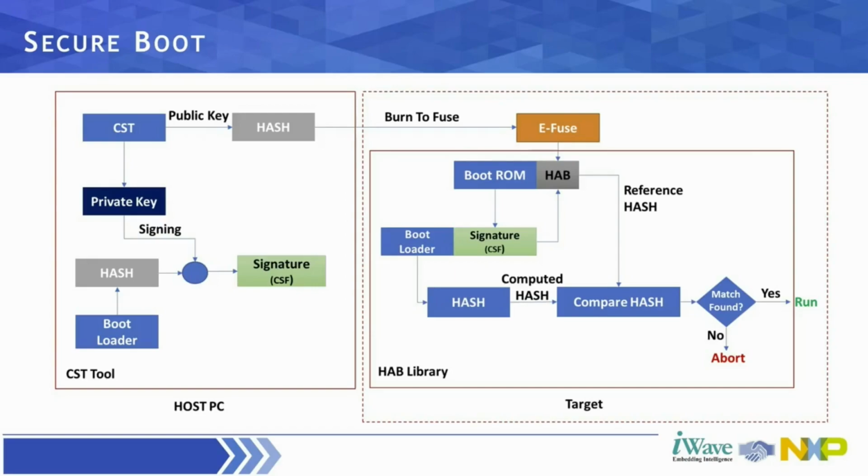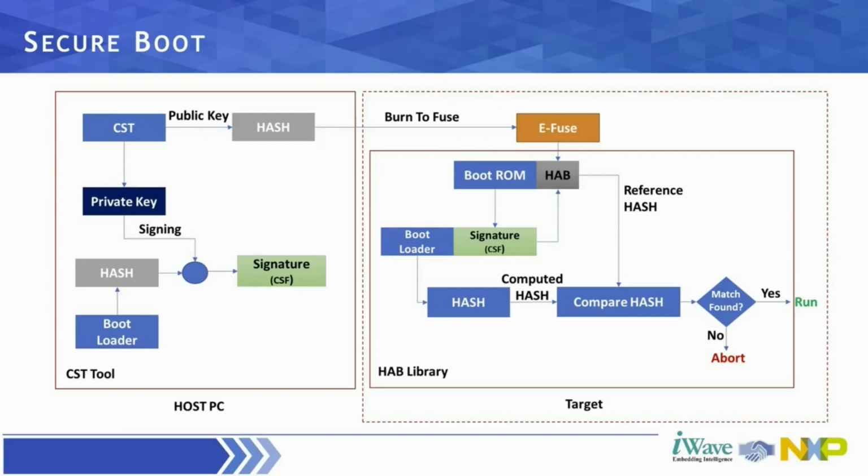Now this is your target platform and how your boot process works. The secure boot process starts with the ROM authenticating the first image in the boot flow, which is typically a bootloader such as U-Boot, the second program loader, or a custom implementation. On the target platform, AHAB evaluates the SRK table included in the signature by hashing it and comparing the result to the SRK fuse values.